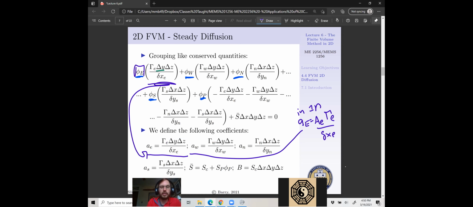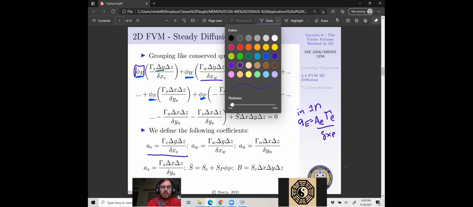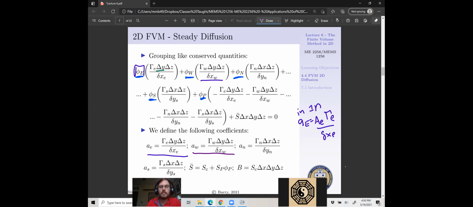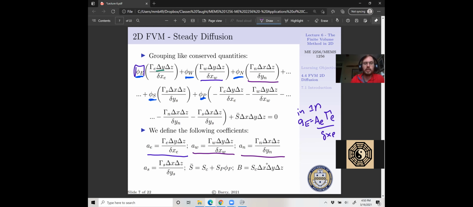And we can go through and define the rest. We'd have a coefficient for phi west that we'll define as A west right here. We'd have a coefficient for phi north that we'll call A north defined here. And what we'll also have is a coefficient for phi south, which we'll call A south defined here.